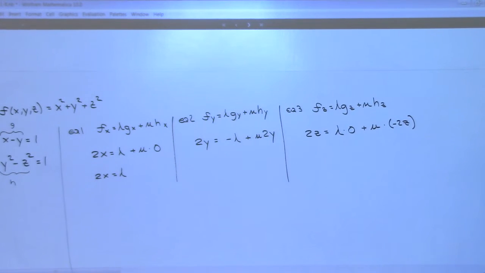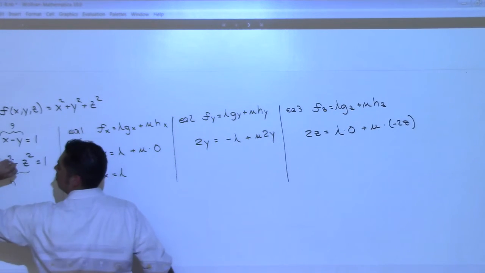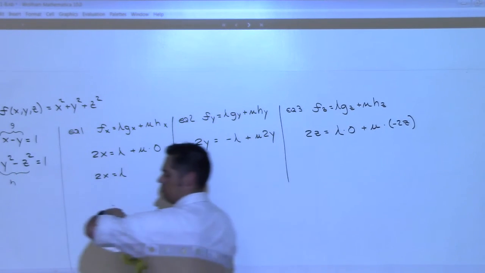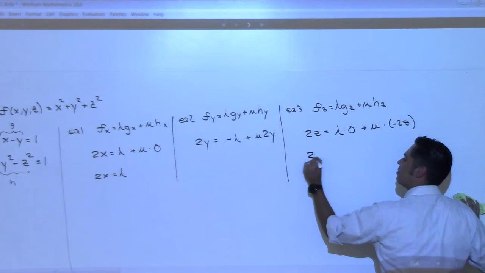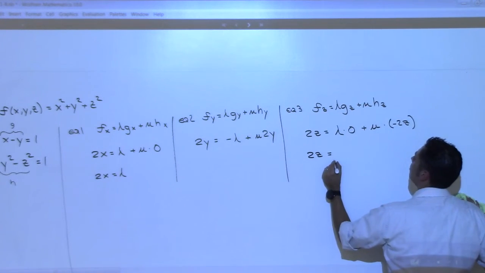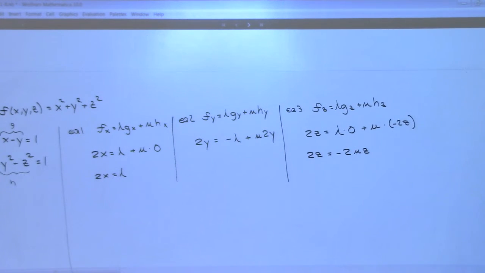And then what are my fourth and fifth equations? These, right? So this is equation 4, this is equation 5. All right. Let's clean up the ones that are easier here. 2z equals -2 mu z. I like that last equation.